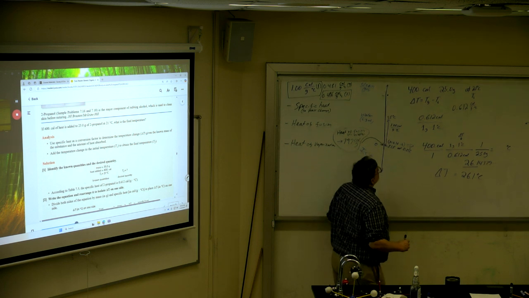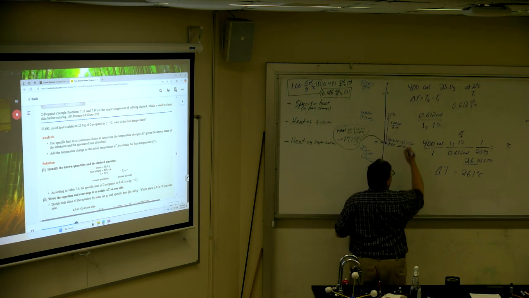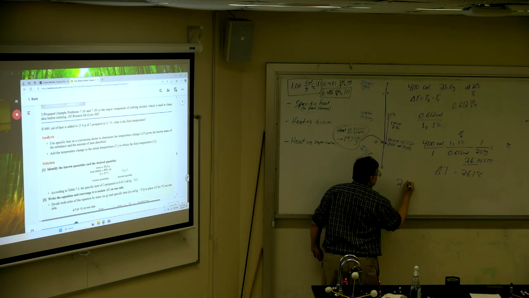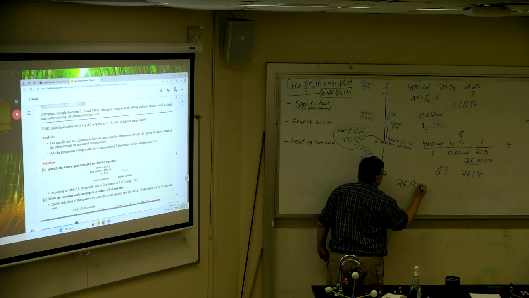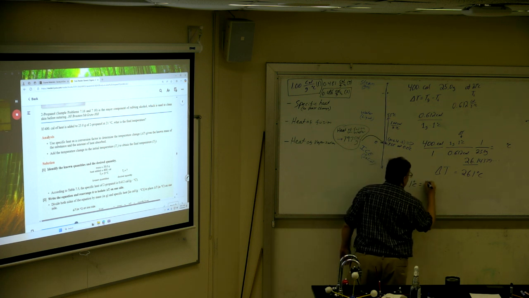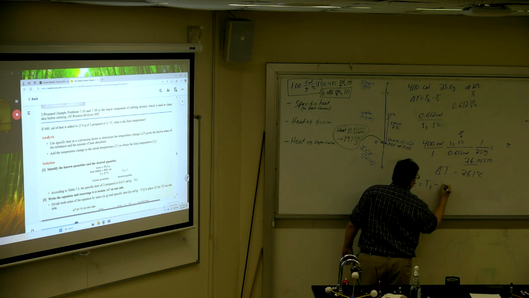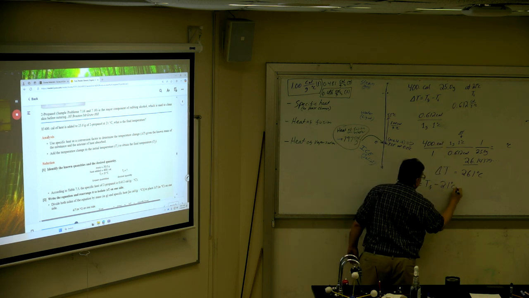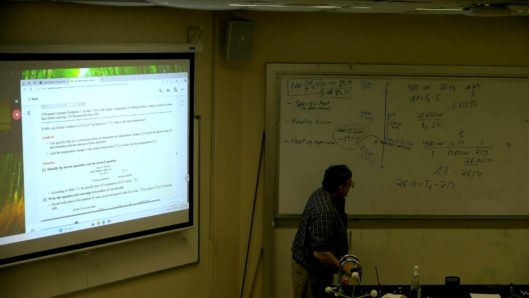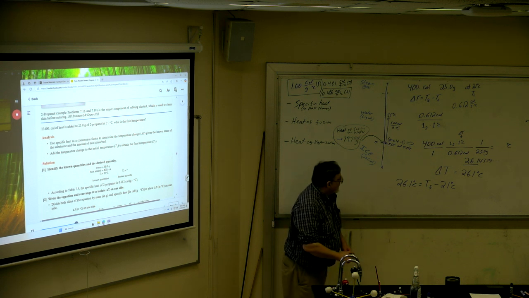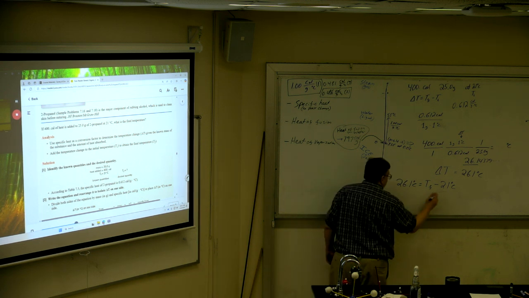And just to run it out to the end, we've got our delta T now. T initial is 21 degrees C. So we add 21 to both sides.